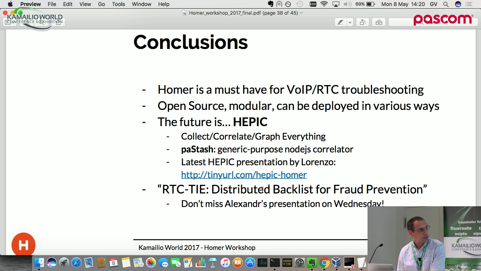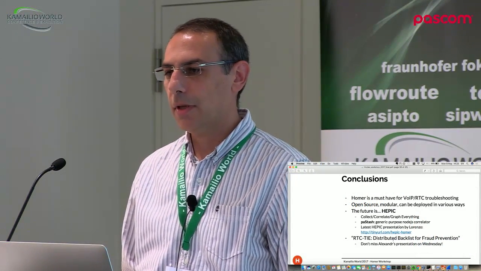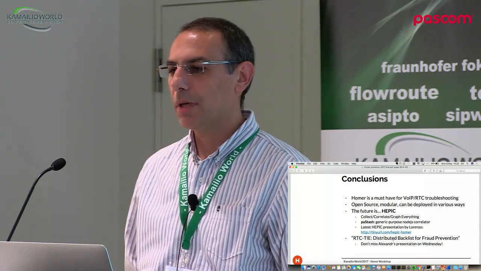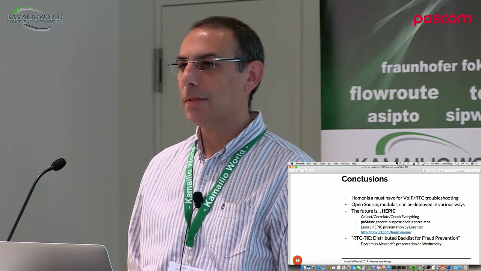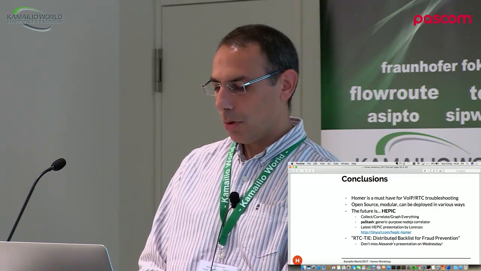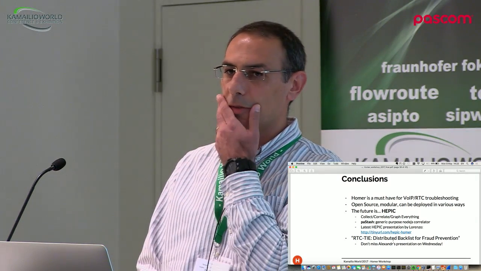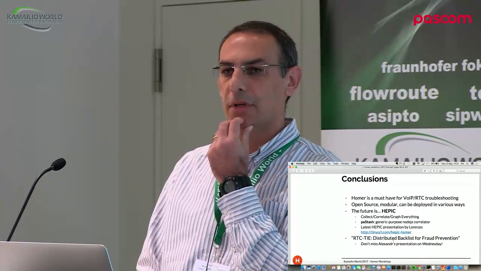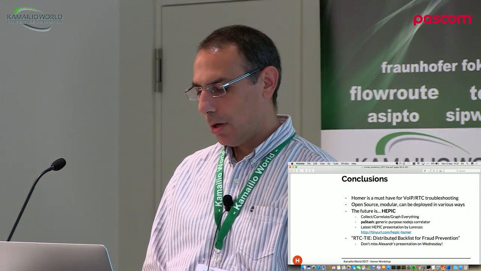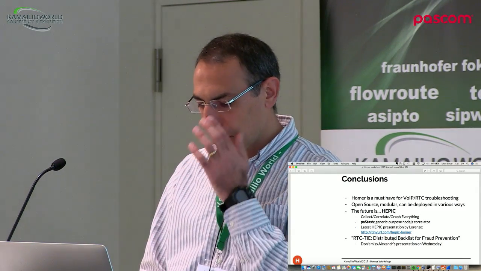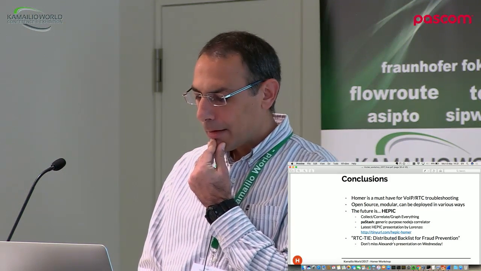I think it's very interesting because it's basically moving from a SIP-centric approach to a more event-agnostic approach, where you can send every type of event, and the new Homer, which will be called HAPIC, will be able to do a correlation between these events and also graph the events, trying to get the relationship between the producer and the consumer of the data. So I suggest you see this presentation.